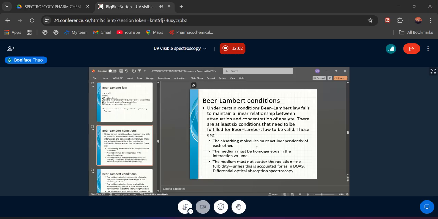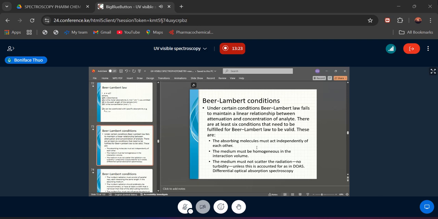Another condition that is necessary is that the medium must be homogeneous. So if you are testing using UV visible spectroscopy, the solution must be uniform.